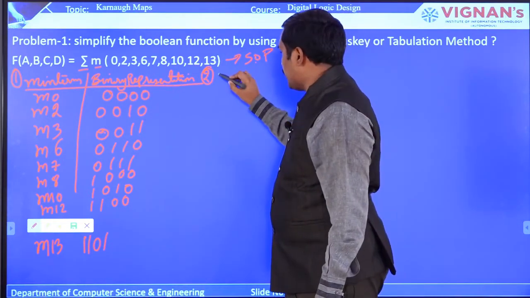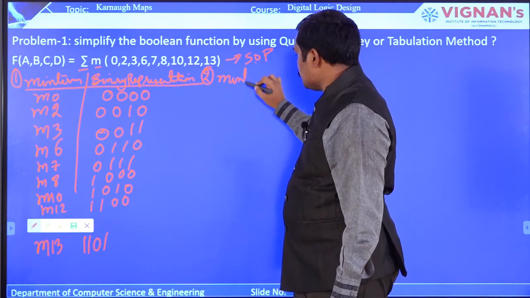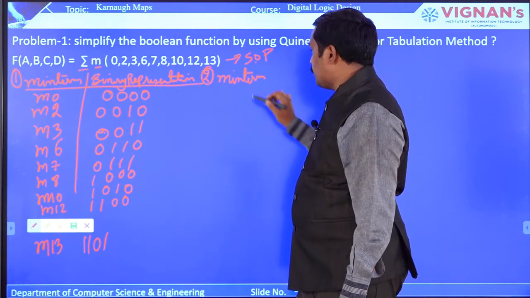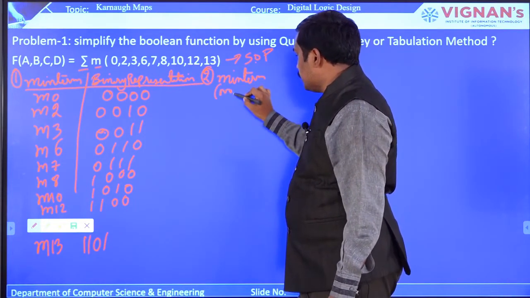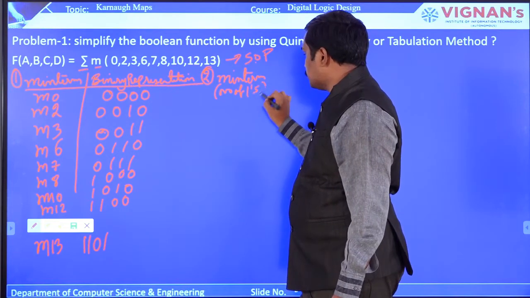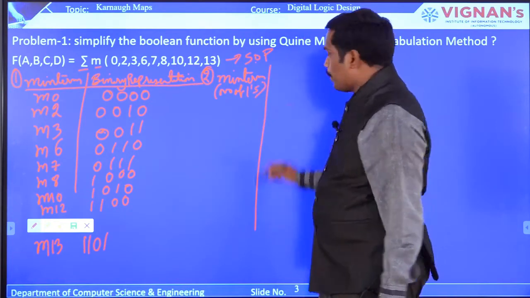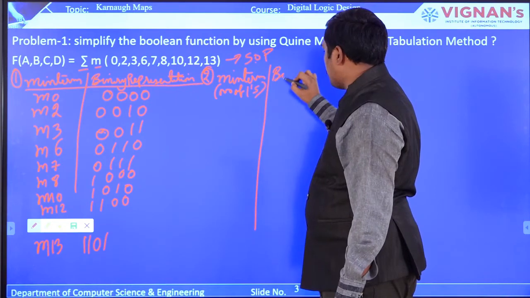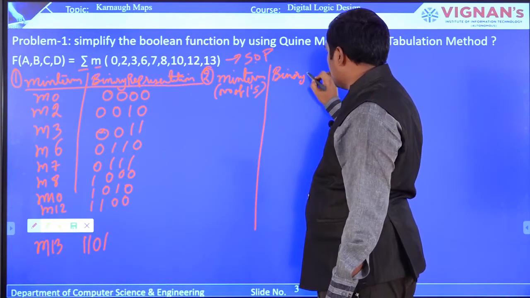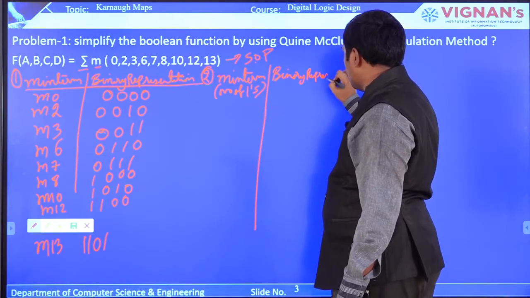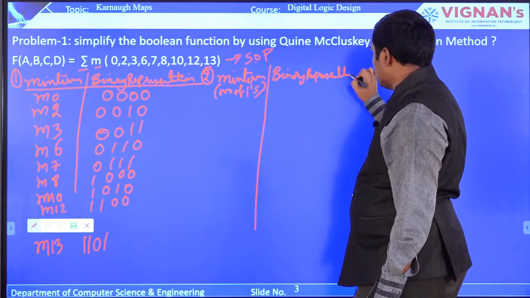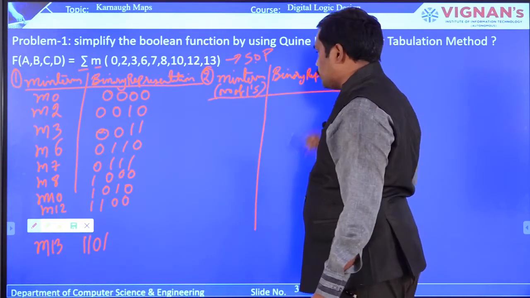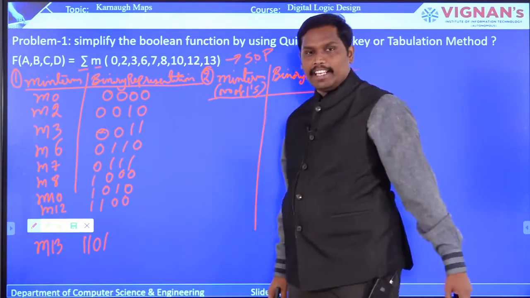So we are going to generate one more table with min terms, considering the number of ones in an ascending order. And now we are going to write the binary representation. So based on this, you are going to segregate the entire min terms.